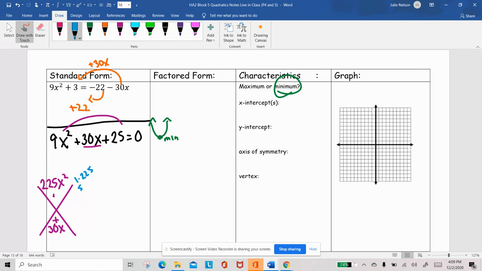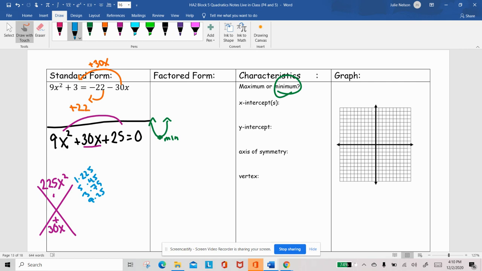Well, 5 goes in. Could it be 5 and 45? I completely forgot, it's 3 and 75. I was supposed to go in order: 1, 3, 5. 6 doesn't work. 7 doesn't work. 9 works. 9 and 25.